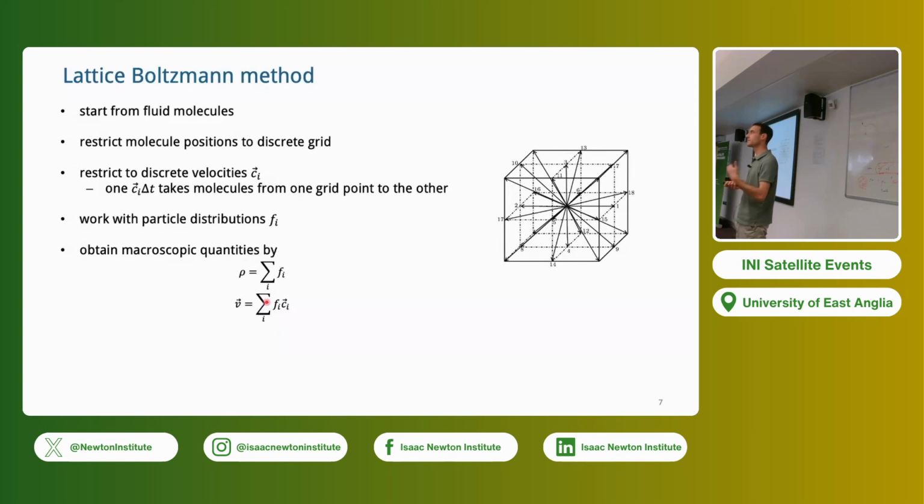So they're normalized such that the sum gives you the local density. To get the velocity, you again sum over the distributions weighted with the velocities from one lattice site to another, and that gives you the macroscopic velocity, which then is a continuum. So the macroscopic velocity is a continuum because these particle distributions are continuous quantities.